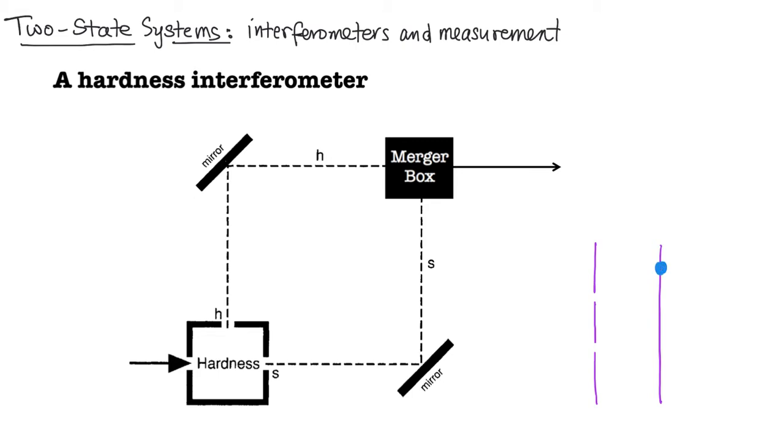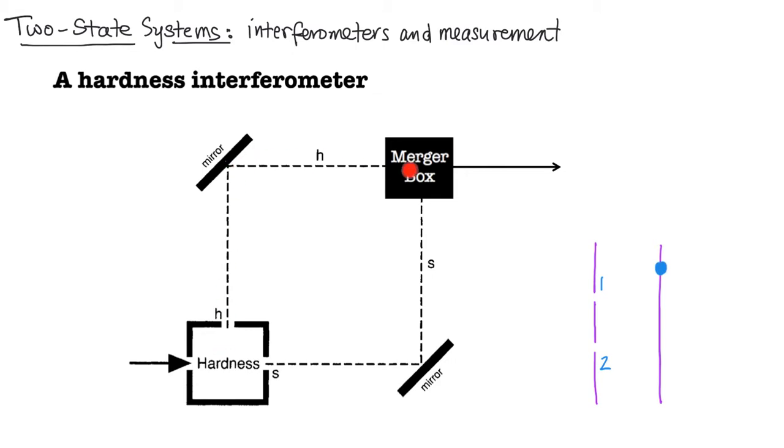You can get to that point by either going through slit 1 or slit 2, and if we're not measuring what slit was taken, in other words, if both slits are open and we don't have a device that can sense a quanton going through a specific slit, then we do not have which way information, and that means that we're going to get interference effects. We're going to get wave-like behavior for those quantons. So in the absence of which way information, those quantons behave in a wave-like way.